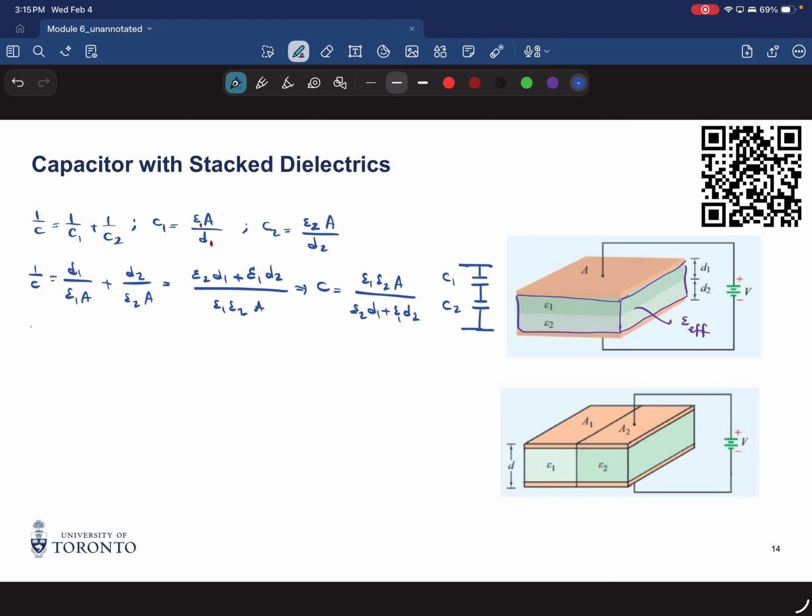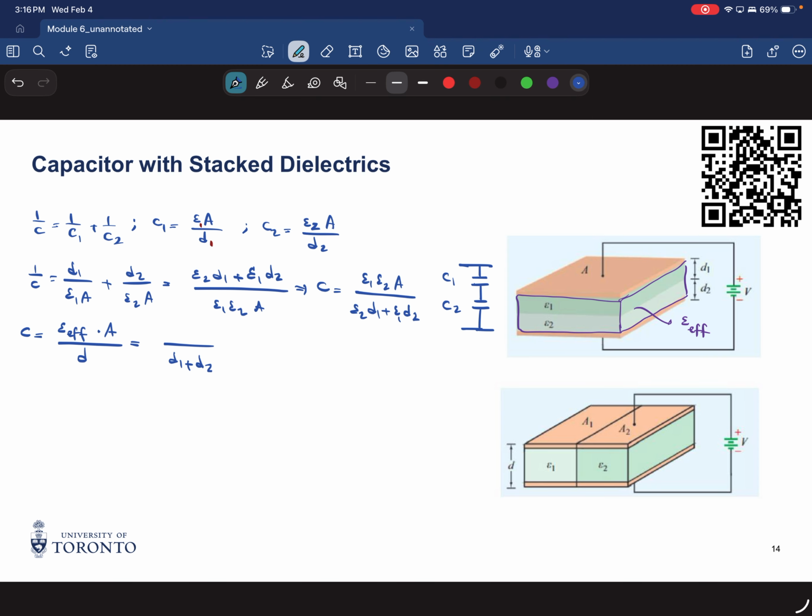In general, C should have been epsilon effective multiplied by A over D, where D is in fact D1 plus D2.